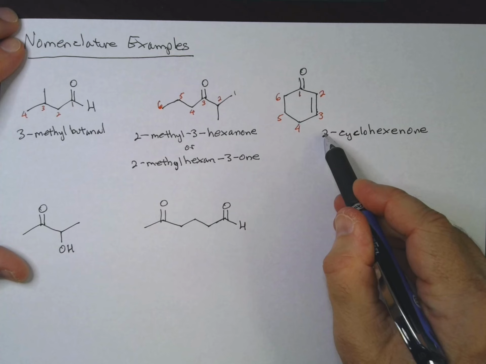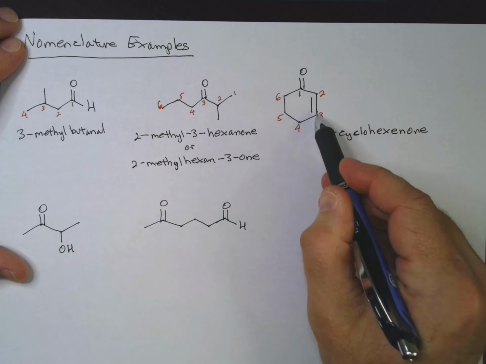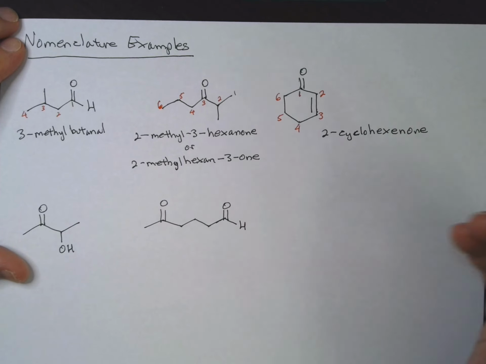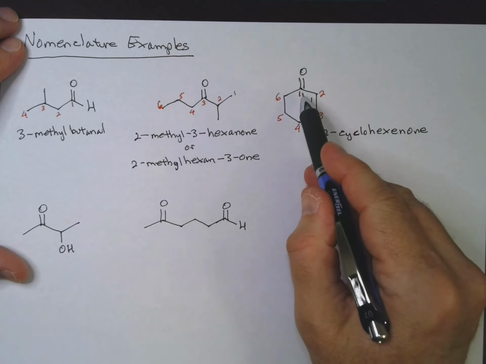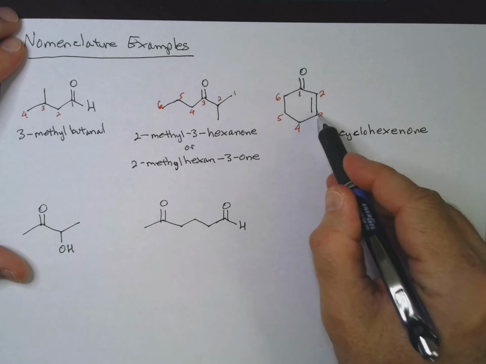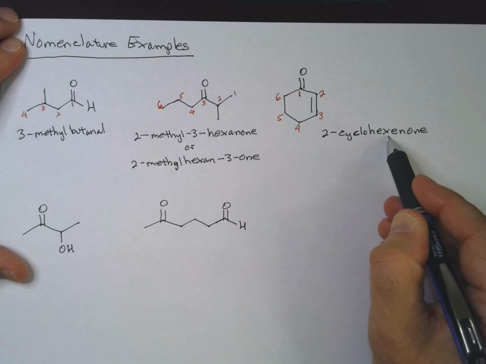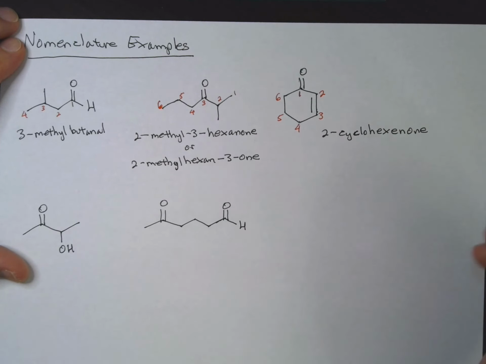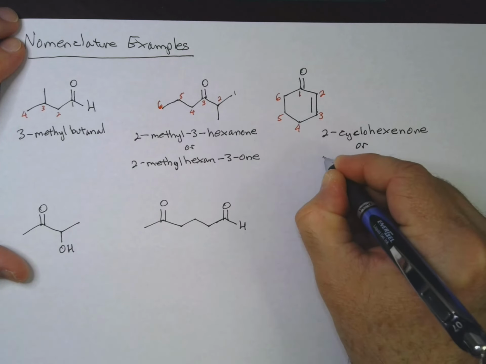So notice I've got the 2, which indicates where the alkene starts, because it's understood that the ketone is carbon 1. So the 2 refers to where the alkene starts, and so I've got hexene, got the E there, and of course it's cyclo. You could also write it as cyclohexene.